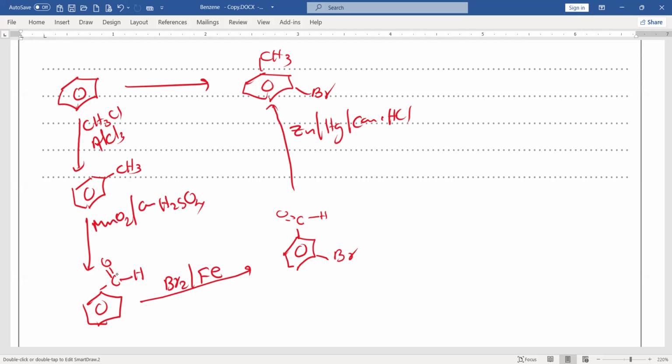And this is the way you have to follow. Anyhow, you have to first add the meta director and then the next group. Then later you can remove that meta group. Then try the next.